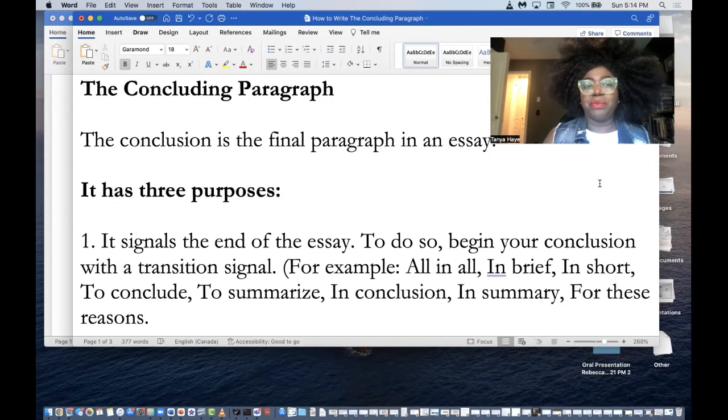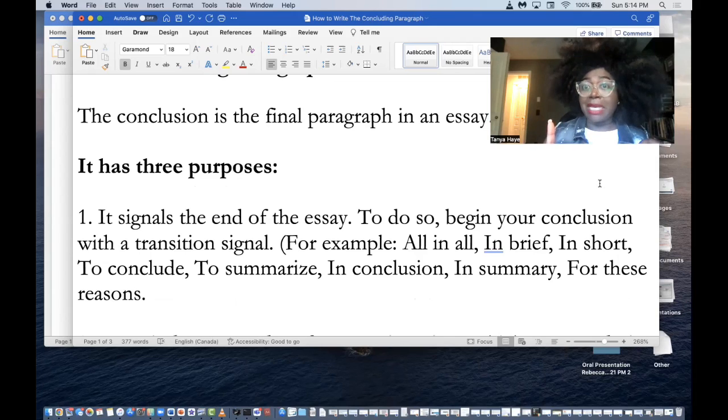Like I said, the first purpose is to signal the end of the essay. And you do so by first beginning with a transition signal. You can say something like all in all, or in brief, or in short, to conclude, to summarize, in conclusion, in summary, for these reasons.